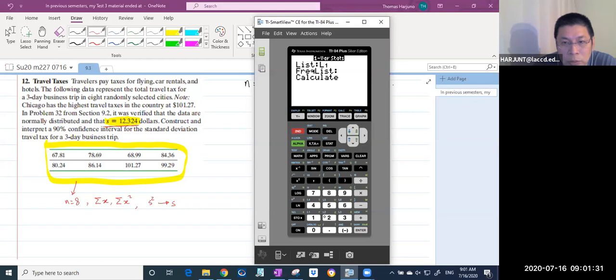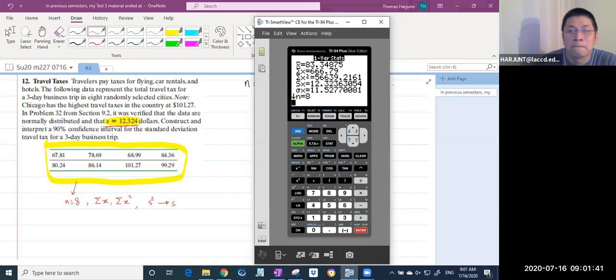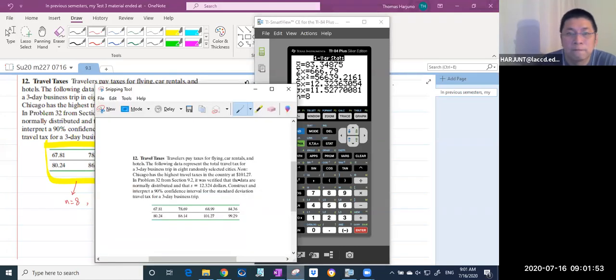I can ignore the frequency list. So you see the sample standard deviation is 12.32363.